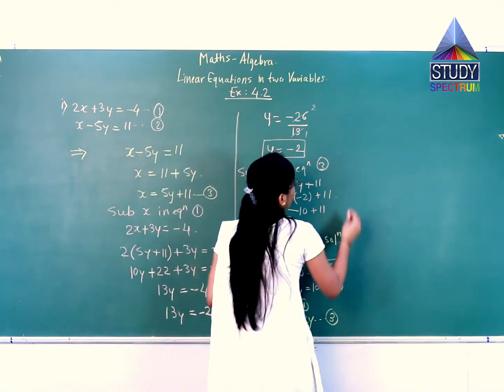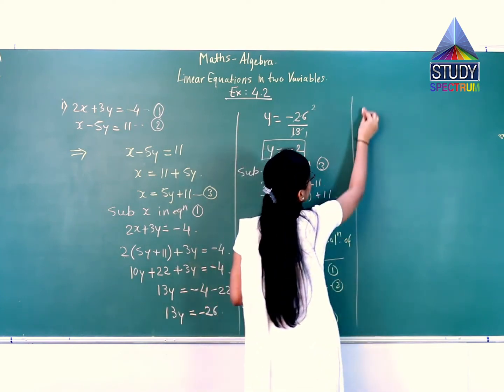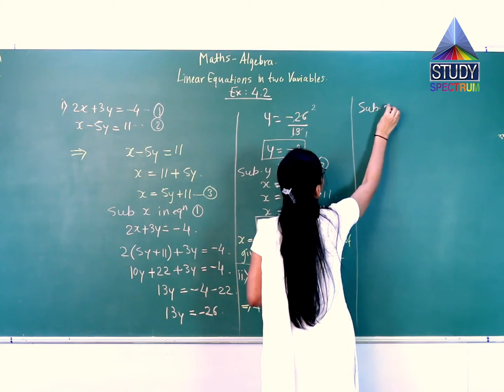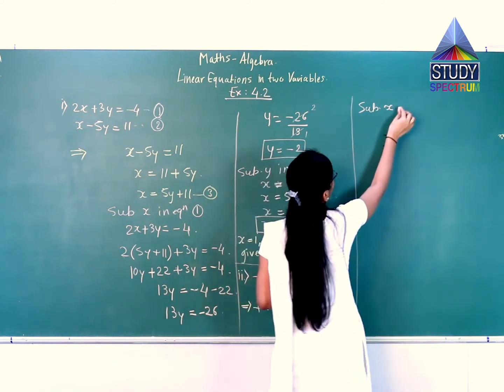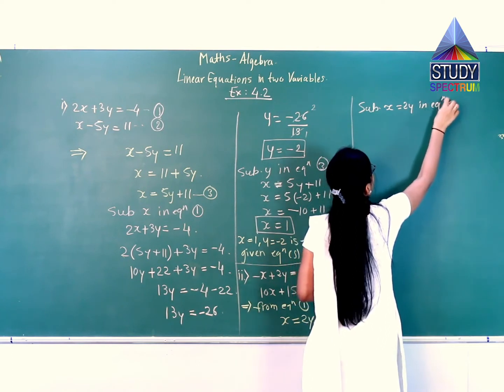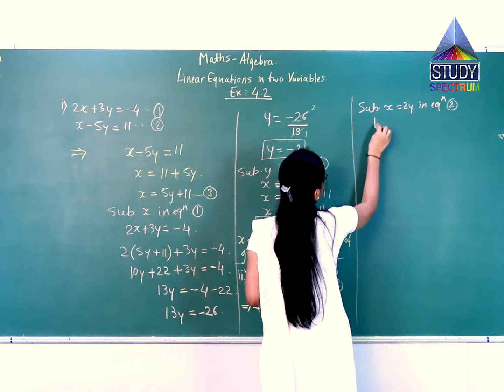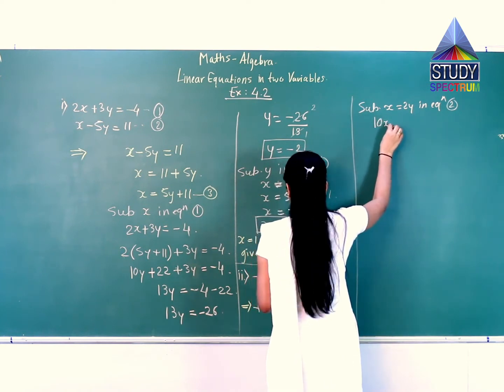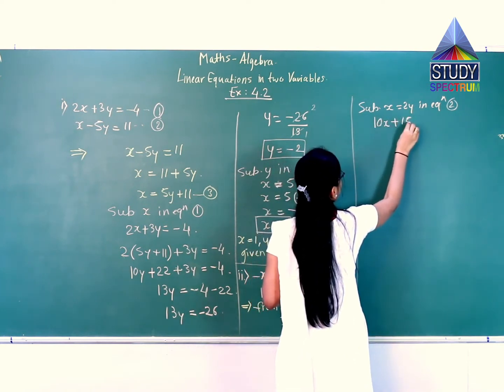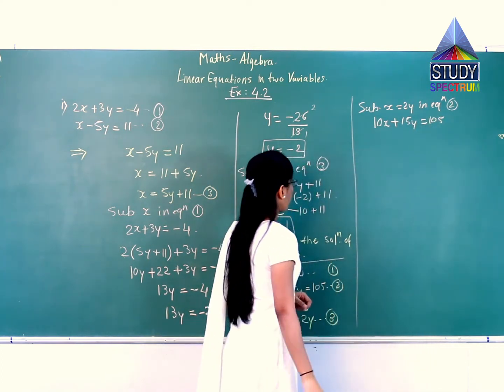So here I will write, substituting x is equal to 2y in equation 2. So I will rewrite equation number 2, 10x plus 15y is equal to 105.